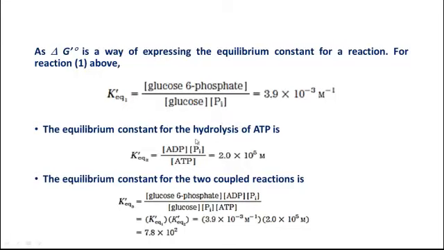And the equilibrium constant for the hydrolysis of ATP is equal to 2 into 10 to the power 5 per mole. And if we want to find the equilibrium constant for the two coupled reactions, it can be found by multiplying these values, and we get the final value of 7.8 into 10 to the power 2.